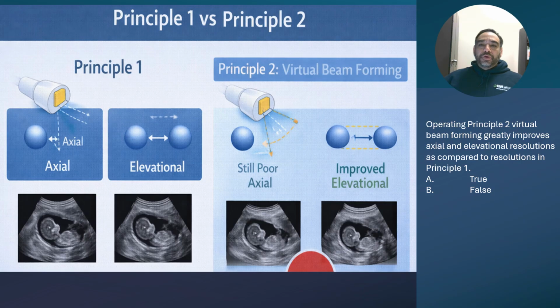Okay, next question says, operating principle number 2, virtual beam forming greatly improves axial and elevational resolutions as compared to resolutions in principle 1. So A is true and B is false. Again, the correct answer here is false. So principle 2, which is virtual beamforming, improves elevational resolution by reducing section thickness, and it does not greatly improve axial resolution.